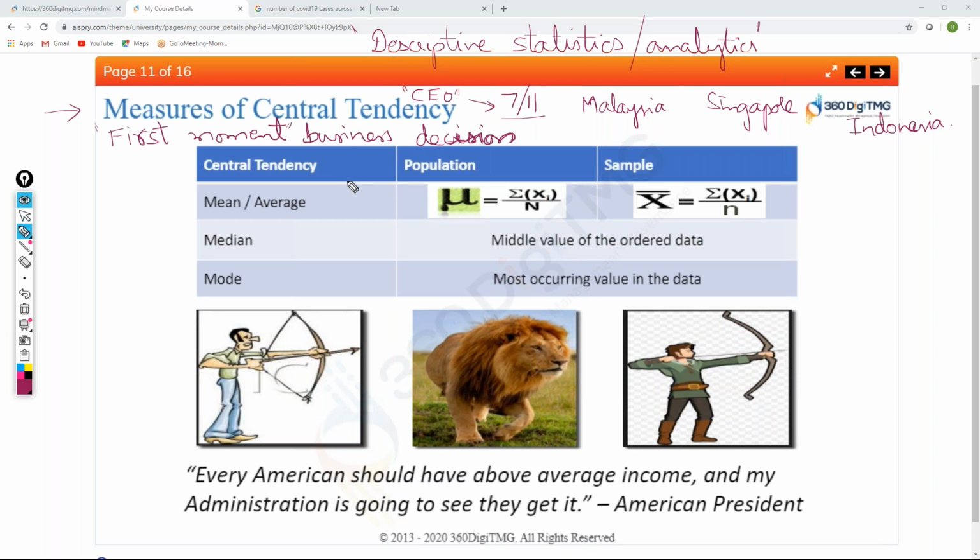Okay. So what are the 3 measures of central tendency? You have mean, median, and mode. So let's solve that. And you have population and sample, both of these.